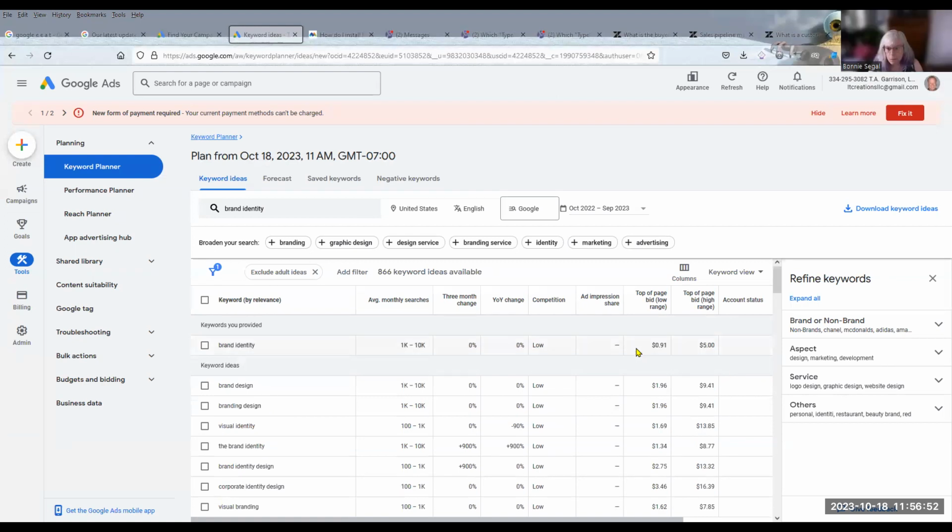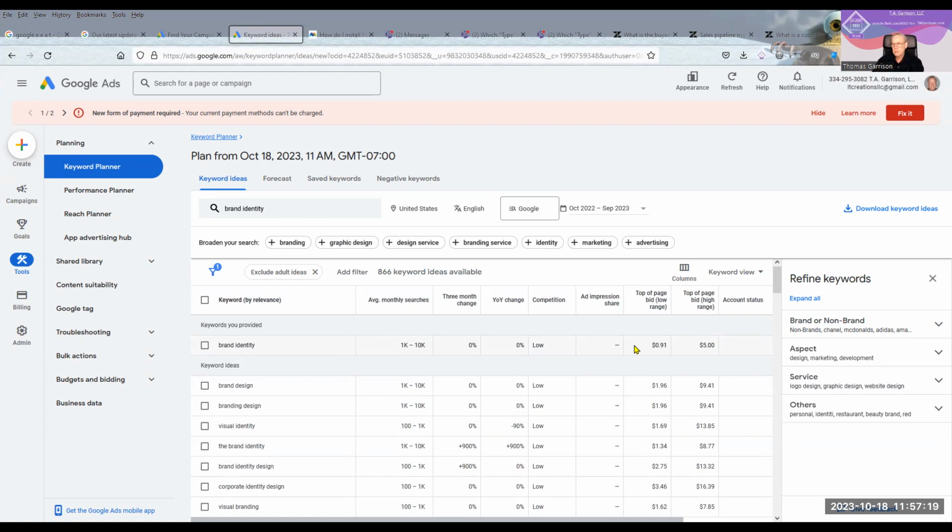So if you wanted to get in the low range, you're going to pay at least 91 cents per click. If you want to make sure that you get on the top of the list of the AdWords campaign, then you are going to pay $5 per click. Now that's an approximation, because you could be paying $5.50.